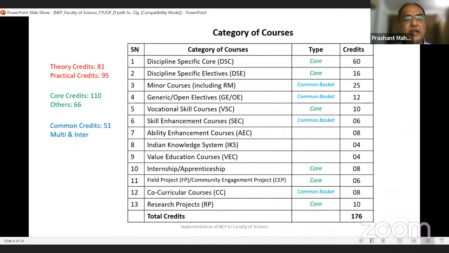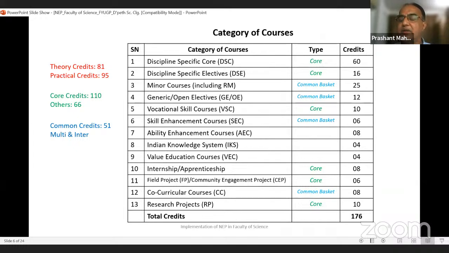Here you will see that less than 50% of the credits are allotted to classroom teaching, that is theory courses. Laboratories are also taken into class, but then we call them laboratory classes where the performance takes place.